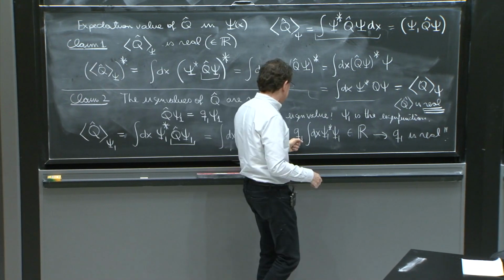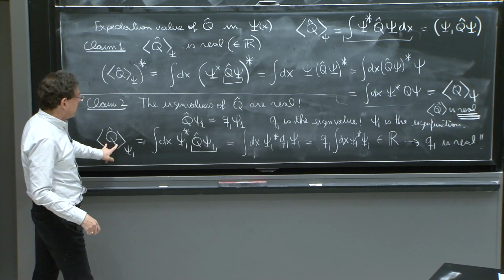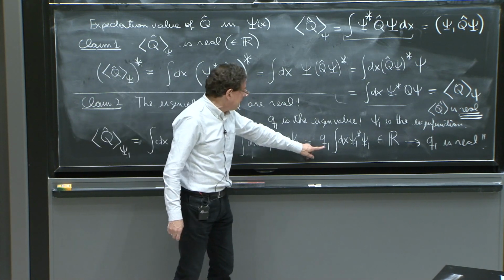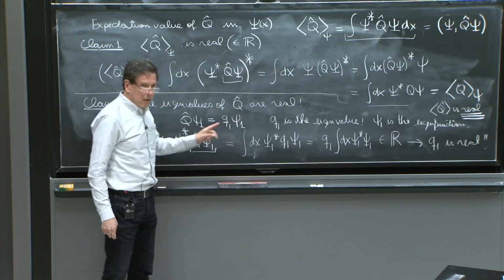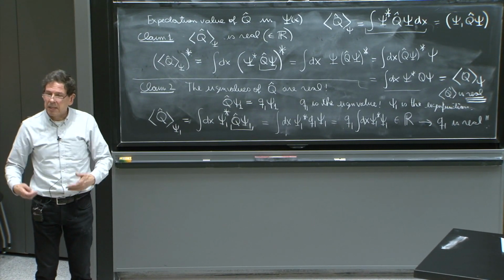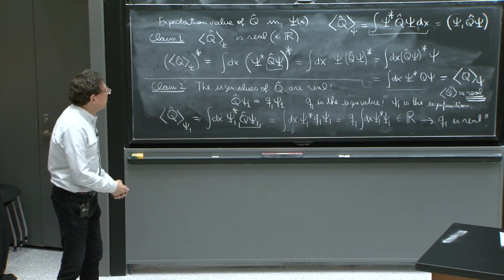In that case, you would obtain that the expectation value of the operator on that state is precisely the eigenvalue. When you keep measuring this operator on the state, you keep getting the eigenvalue.